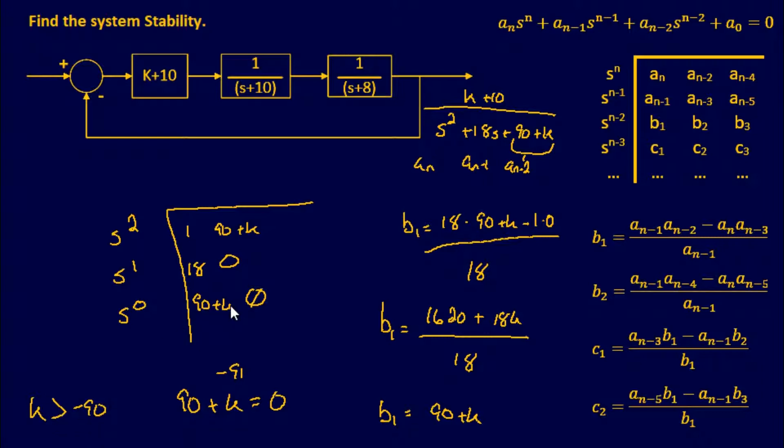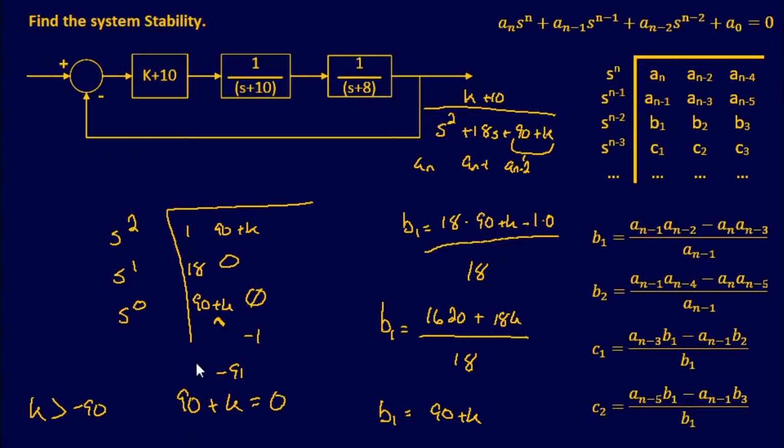Because right now, K can go all the way up to 1,000, doesn't matter. It's in the negative direction is what we care about. So we need K to always be greater than -90, because as soon as you hit, for example, -91, that means this number right here becomes -1, which means your system's unstable. So your system stability, K must be greater than -90.